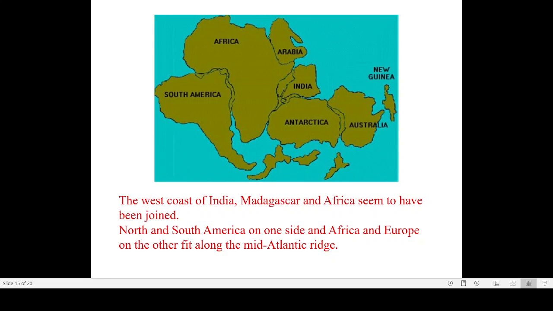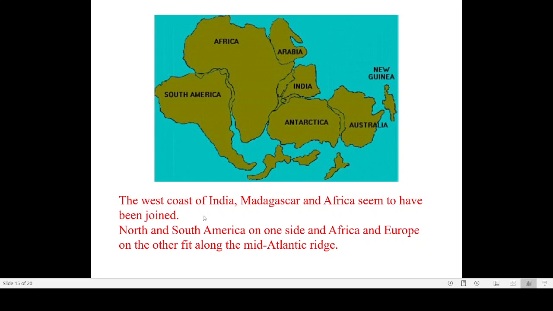That means once all the continents were together. Here you can see the west coast of India and Madagascar. The shape of India and the shape of the eastern portion of Madagascar match with each other.